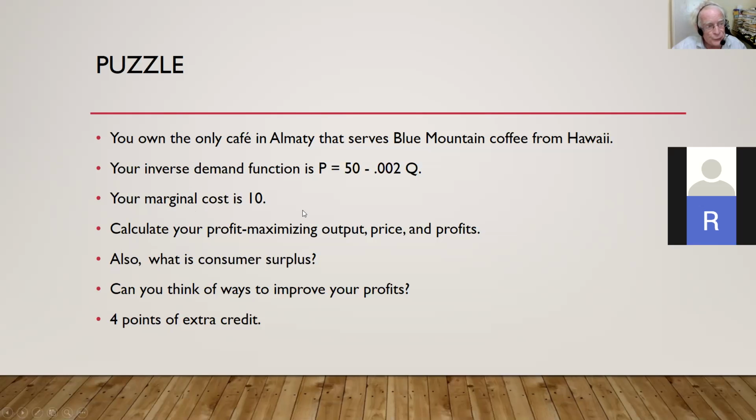His inverse demand function has a useful form, and finally, his marginal cost for a cup of coffee is 10 tenge. Can you take a moment now to calculate the output, price and profits for Ramazan? Three minutes, and then we will come back together to solve the problem.